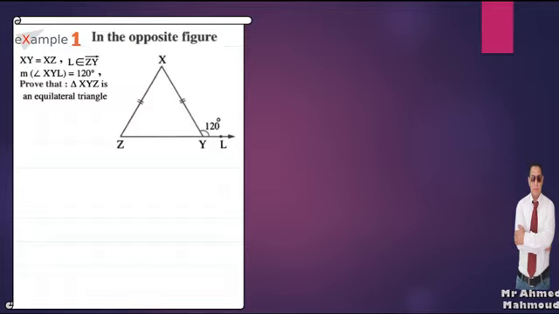Here we have a straight angle, whose measure is 180, then 180 minus 120 equals 60 degrees, as we see. Once we have an isosceles triangle with 60 degrees, that means this triangle is an equilateral triangle.